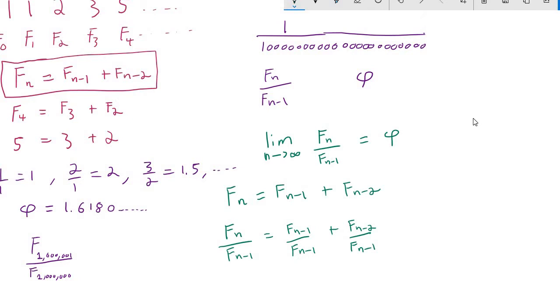Okay, so now just to clean things up a little bit, Fn minus 1 divided by Fn minus 1 is just going to be 1, and this becomes Fn minus 2 divided by Fn minus 1.